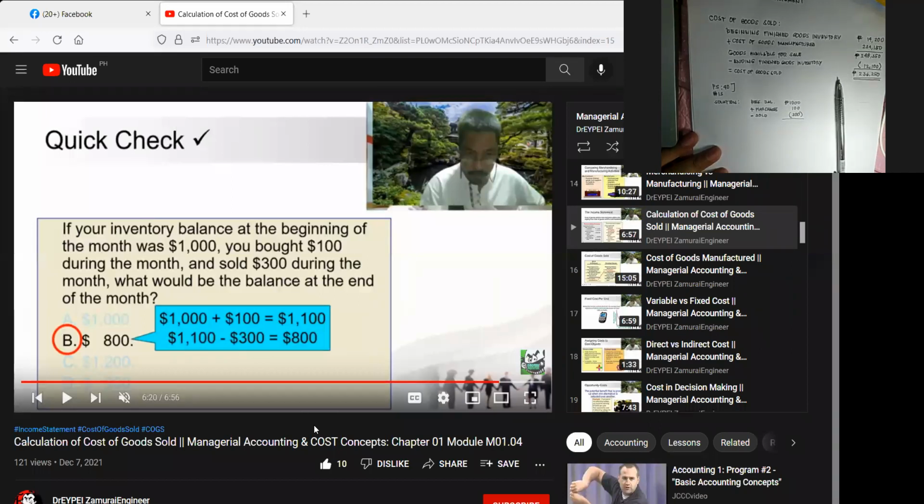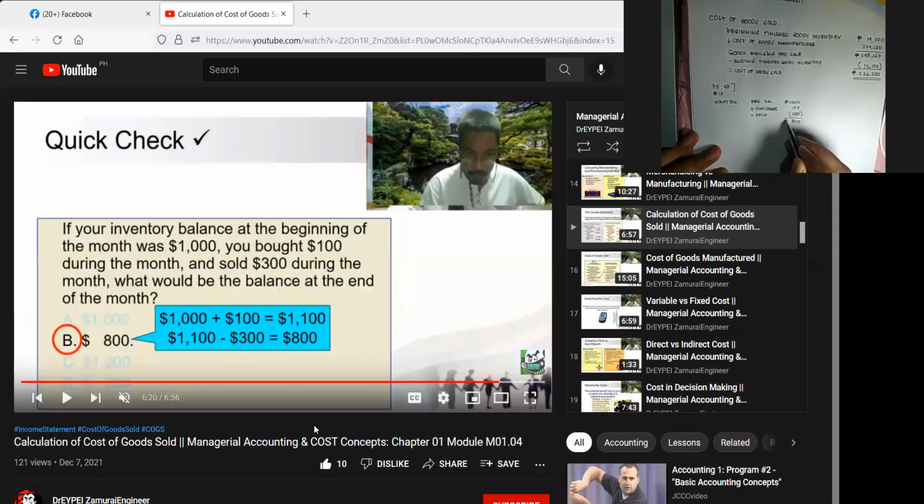Selling it or eating it is the same because those are withdrawals. You withdraw a product amounting to 300, so that is negative. If you total this out, the answer is 800.